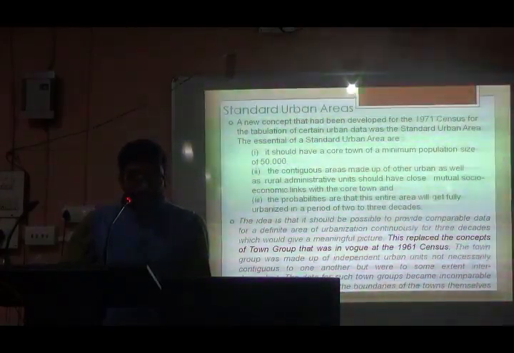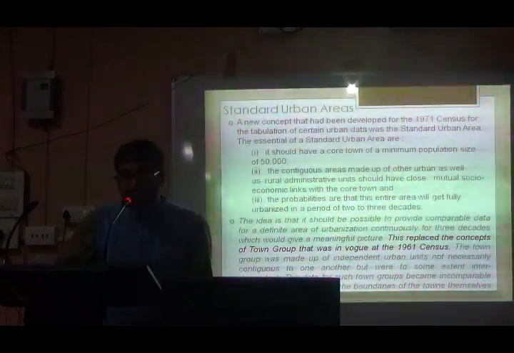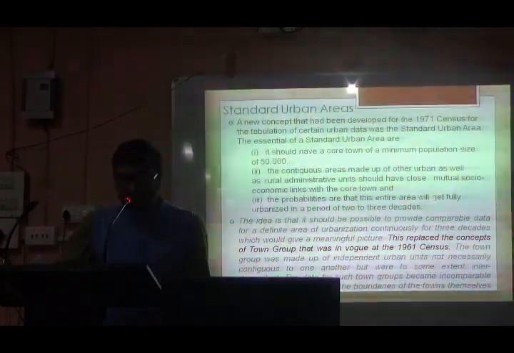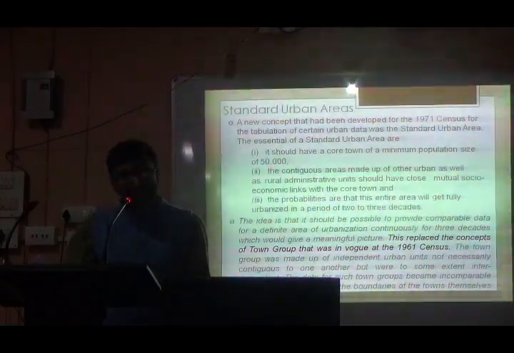If a place can satisfy the third criterion, that means the possibility of becoming urban within 2 or 3 decades, then presently it may be considered a standard urban area as notified by the Census of India.